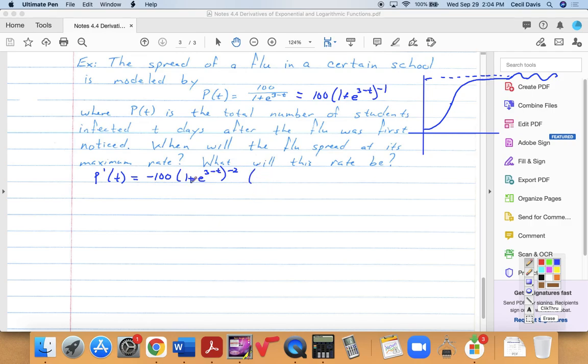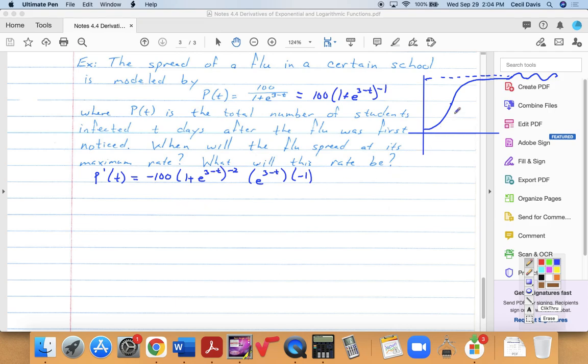Now let's see, the derivative of the 1 would be 0. The derivative of e to the 3 minus t would be e to the 3 minus t times the derivative of 3 minus t, which would be negative 1. That negative 1 turns out to be important because otherwise our derivative would be negative.